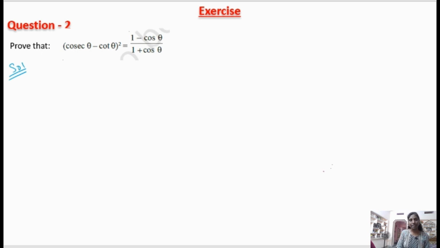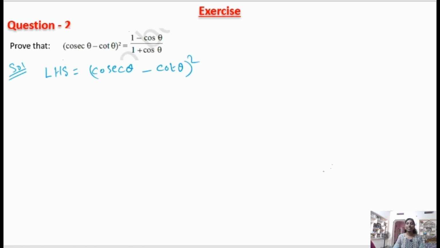Okay. So here left hand side LHS is cosec theta minus cot theta whole square. Okay, actually it is looking like a minus b whole square.